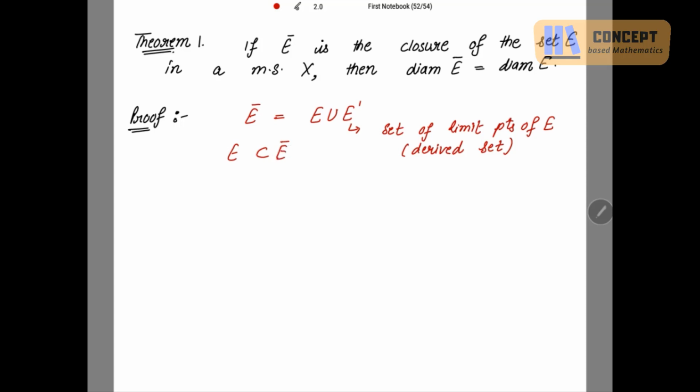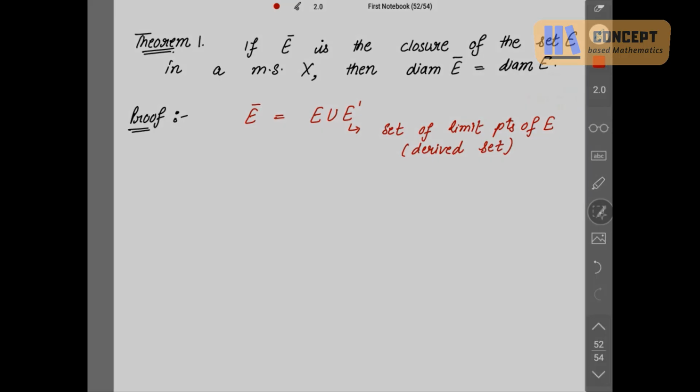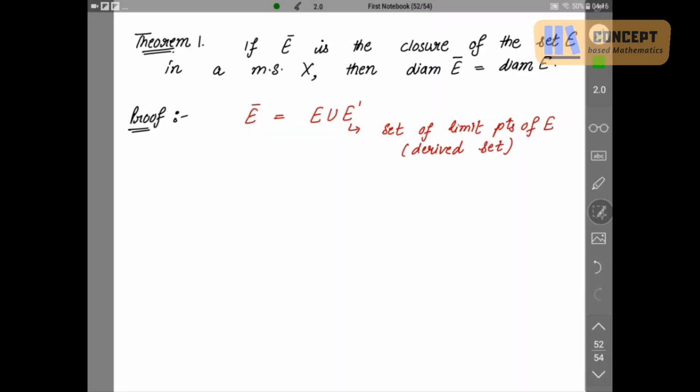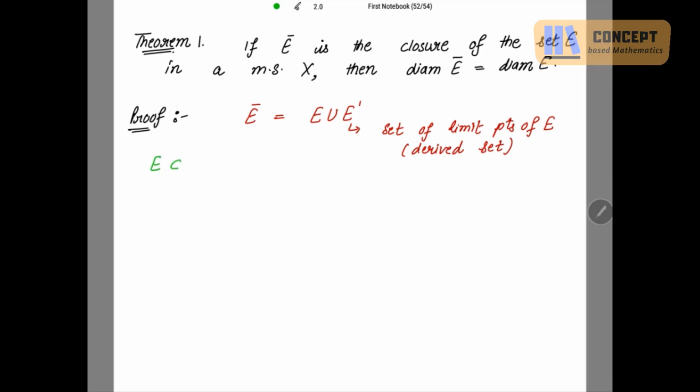Can I say this from here? Yes. Let's start with the proof now. Now, what is given? E bar is the closure of the set E. We have to prove the diameter of E bar is equal to the diameter of E. Now, since E bar is equal to E union E dash, E is a subset of E bar.